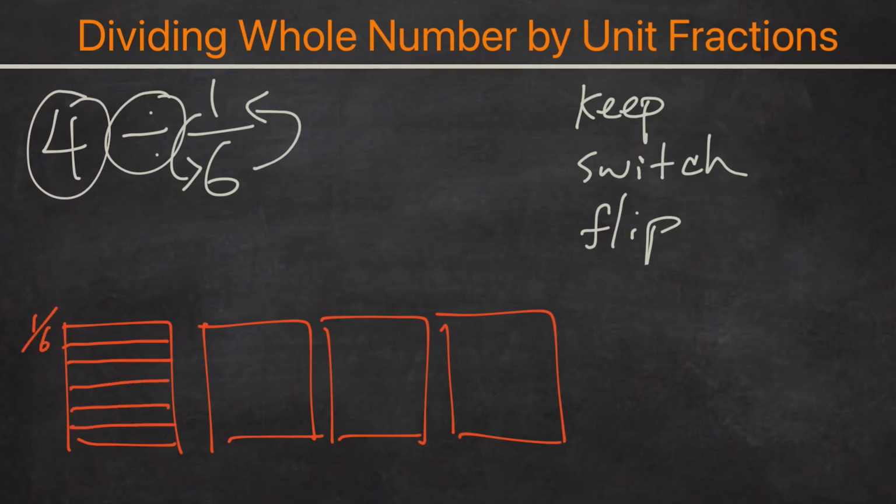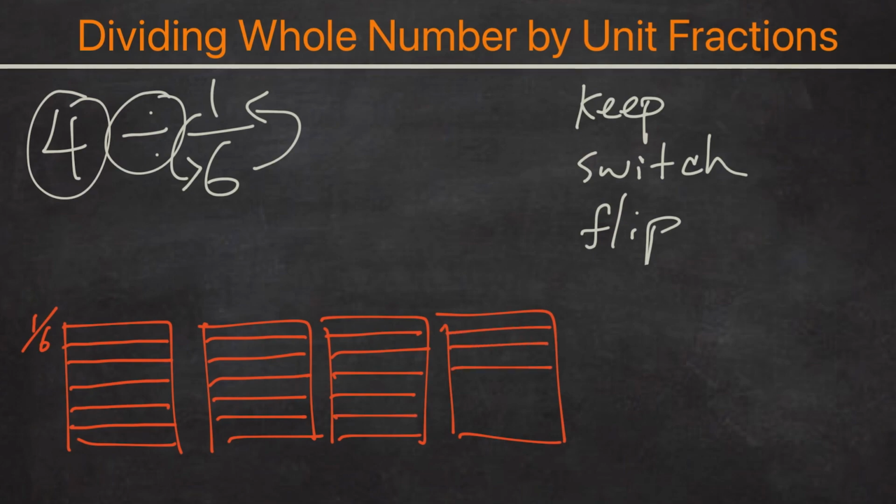The drawing may not be perfect, but I think you get the idea that it's basically 6 equal pieces per box. And we'll do the same here and here. Here.